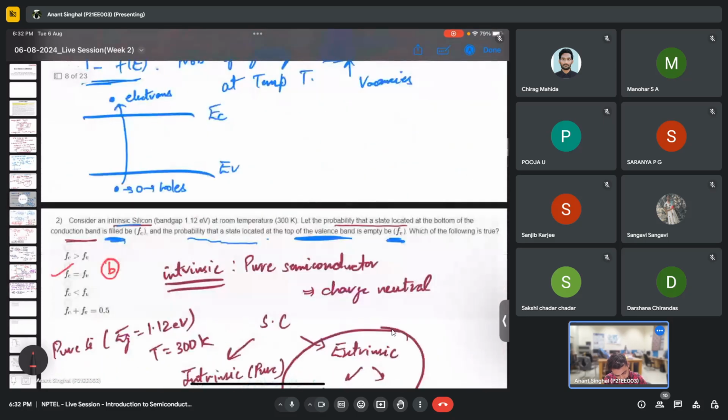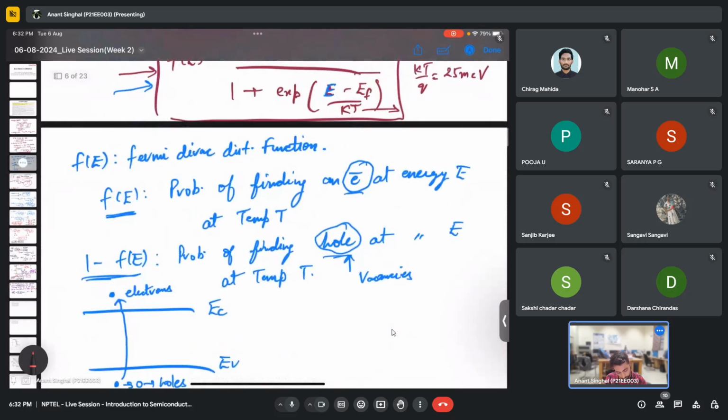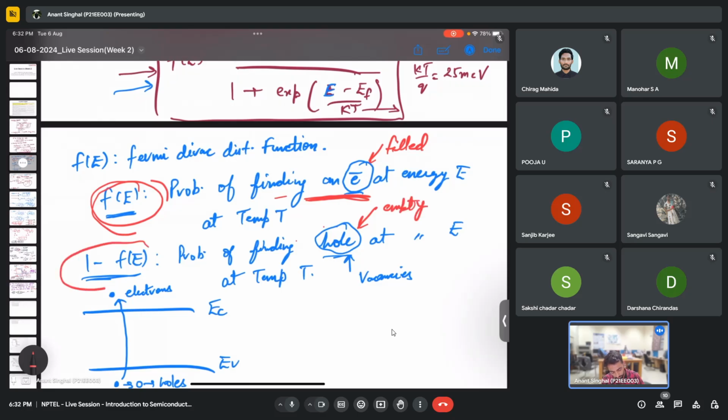Yeah. So probability of finding an electron is Fe. So what I have given as 2% is not the probability of finding an electron. Sorry, you can say Fe is the probability of being filled, and if I ask you what is the probability of being empty or there is a hole, it will be 1 minus Fe.